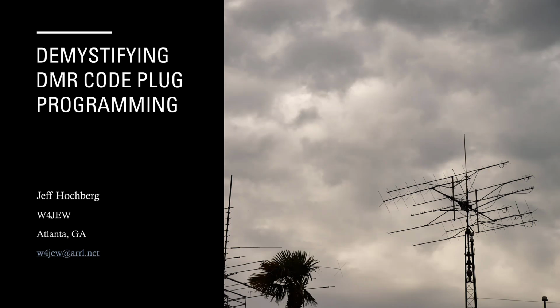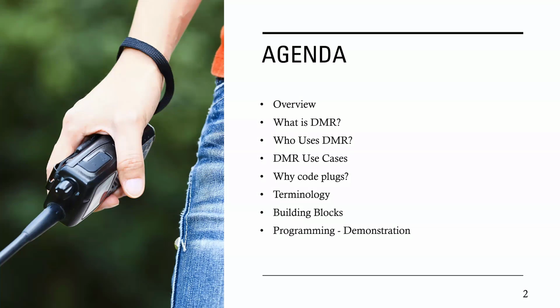For those who have spent any time with DMR, the code plug is probably the greatest challenge in getting started. I figured one of the best ways to learn DMR is to build your own code plug, and so I've become pretty emphatic about it.